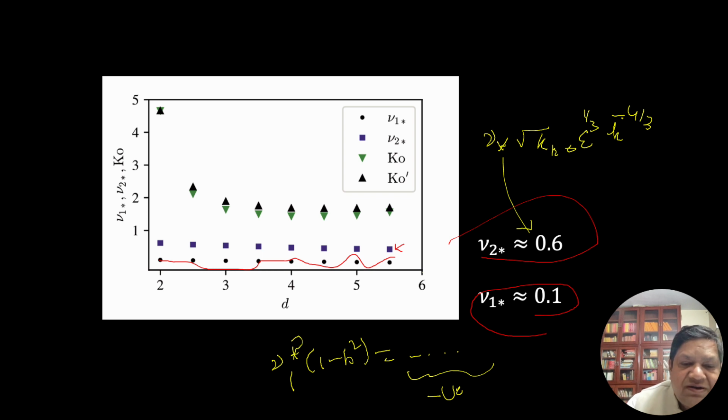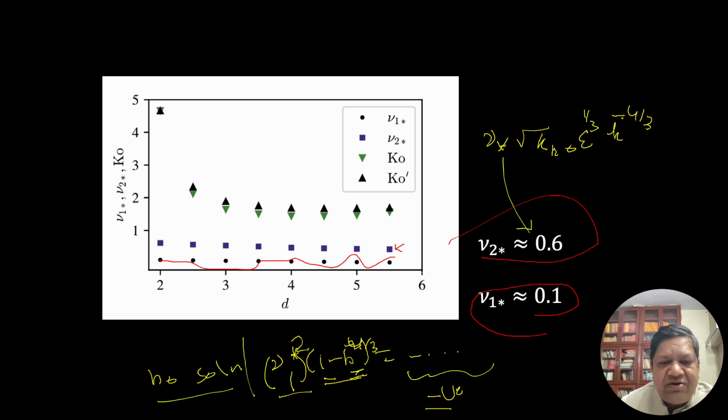This is squared. 1 minus b squared minus, no, this is b 2/3. 1 minus b, b minus 4/3. So this is minus 4/3. So this is less than 1, okay? This is less than 1. So it turns out this is positive, but the right hand side is negative. So it has no solution.